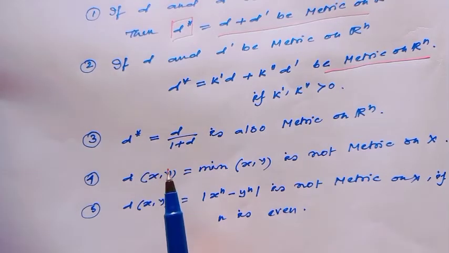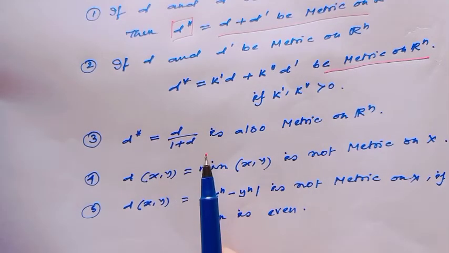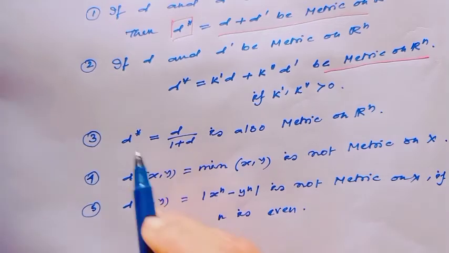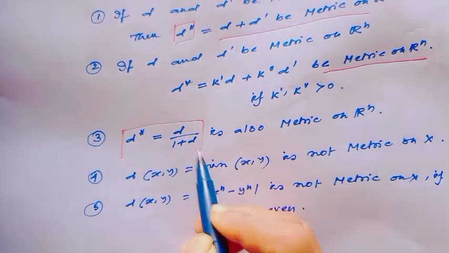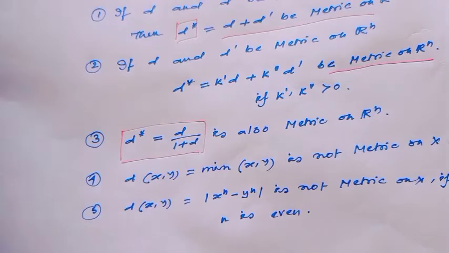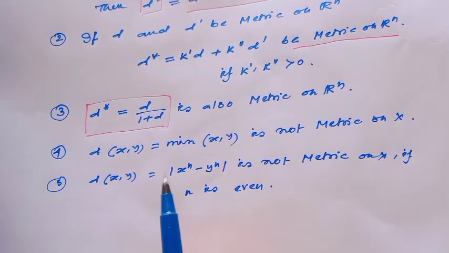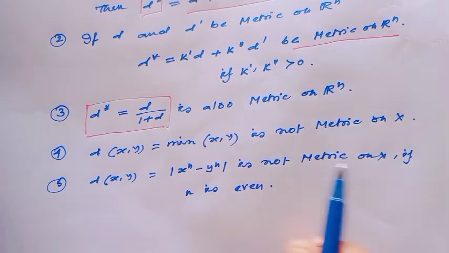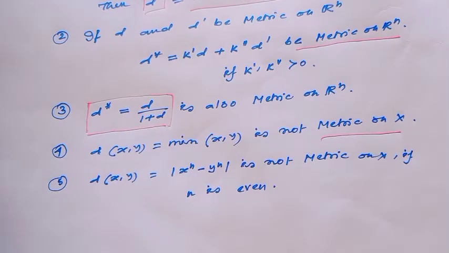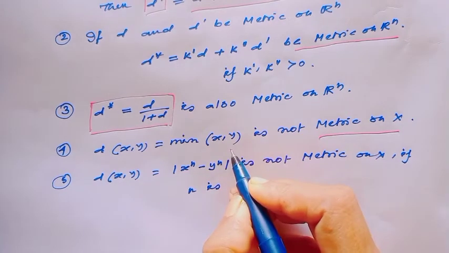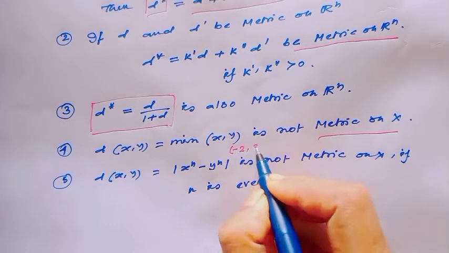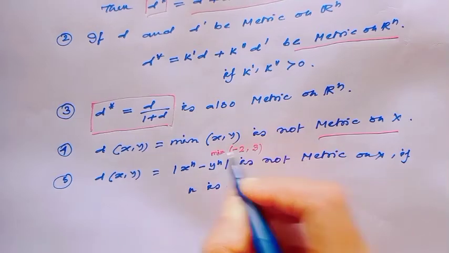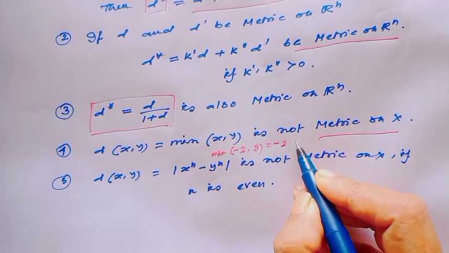Third, D over 1 plus D, I had seen in my earlier video, is also a metric on Rn. But if we consider D of xy equal to the minimum of x comma y, then this is not a metric on the set X, because consider minus 2 comma 3, then the minimum of minus 2 comma 3 equals minus 2, which is less than 0.